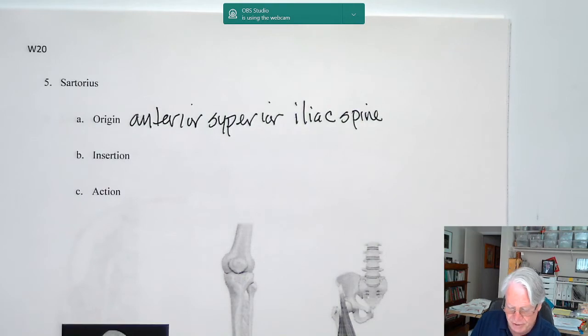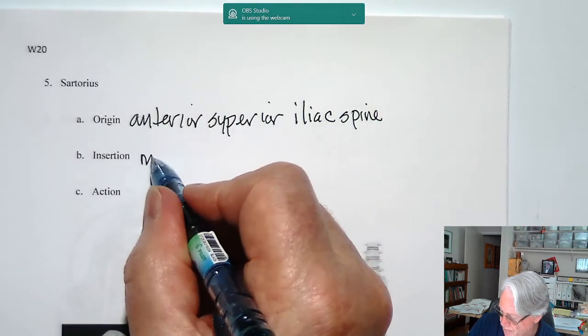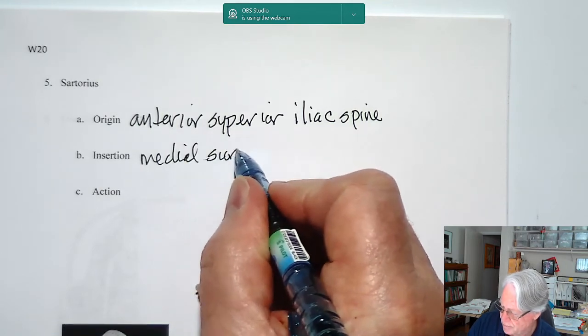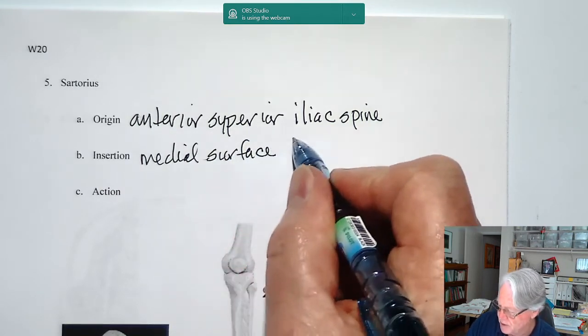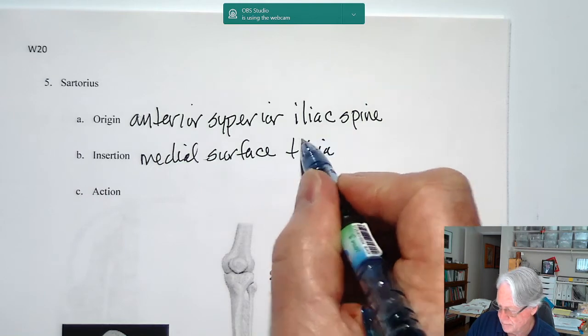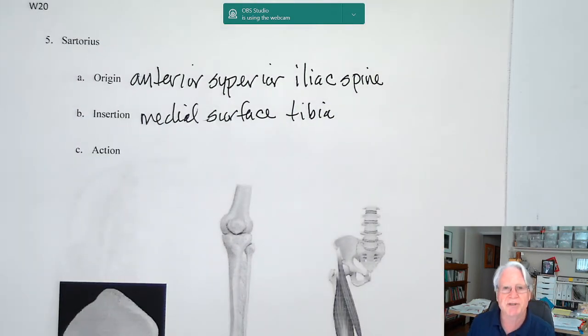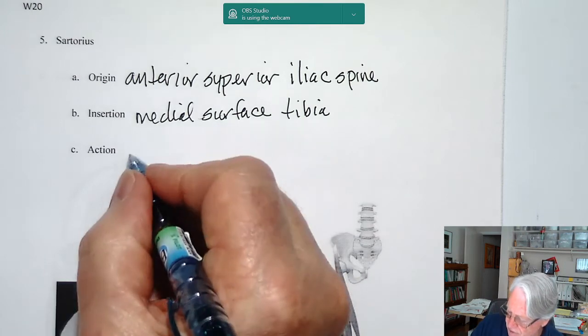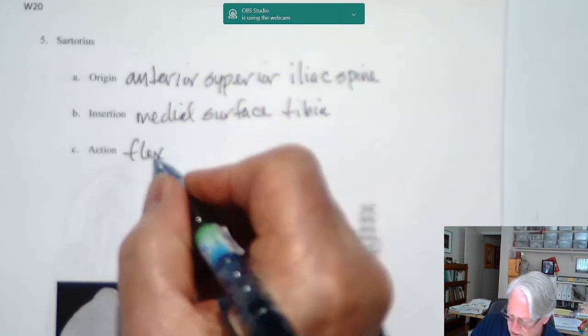And then the insertion is the medial surface of the tibia. And now I want you to pay attention to the actions of this muscle because there's a number of them. So, sartorius is going to flex the lower leg.